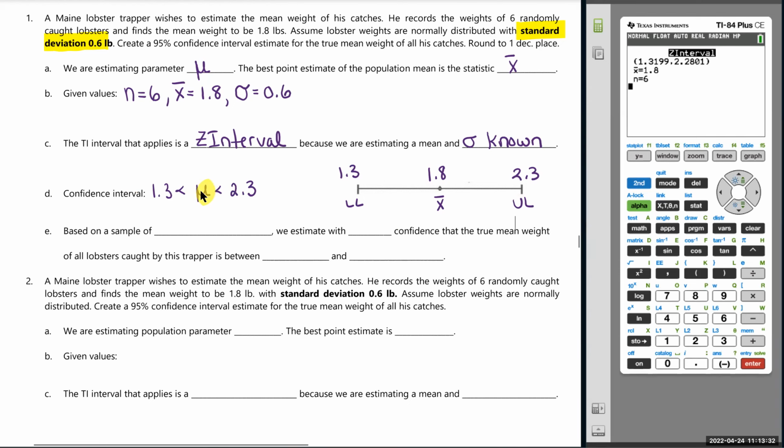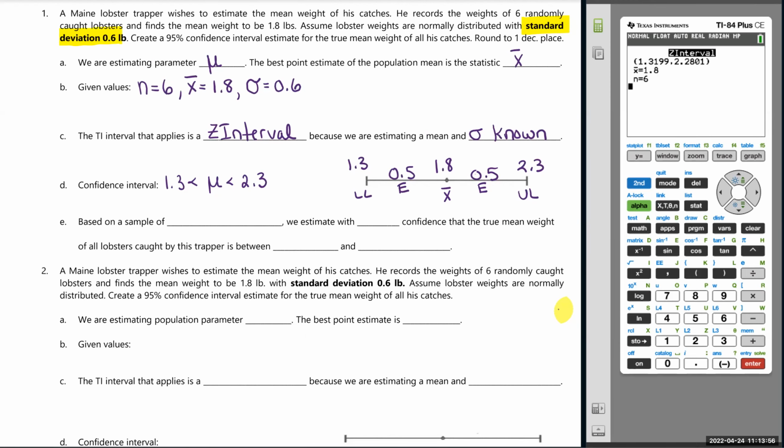I'm also going to include the margin of error before we write the sentence. The margin of error is the difference between the point estimate and the lower and upper limits. This distance is 0.5, so we've got a margin of error of 0.5 pounds.